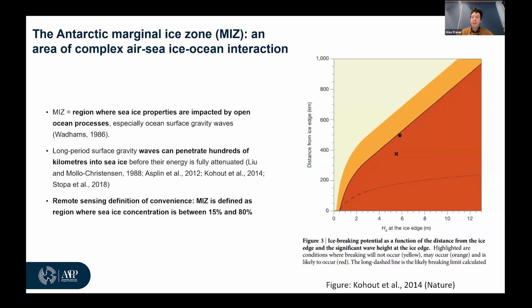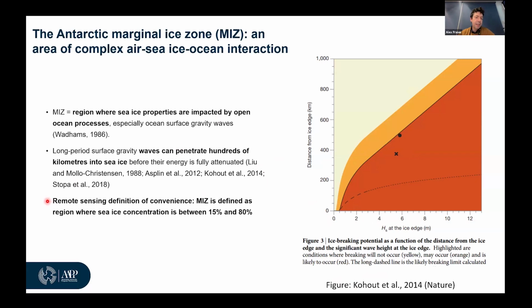Here we go. So I probably don't need to introduce what the MIZ is to this group, so I won't spend a whole lot of time on it, but it's motivated by this figure from Allison showing this theoretical relationship between the wave height at the ice edge and the distance which waves penetrate and even break the ice.